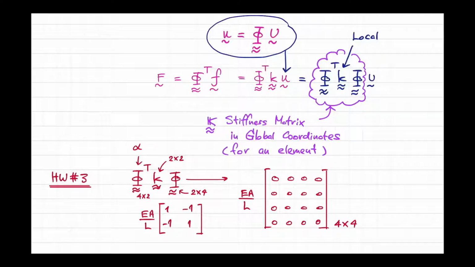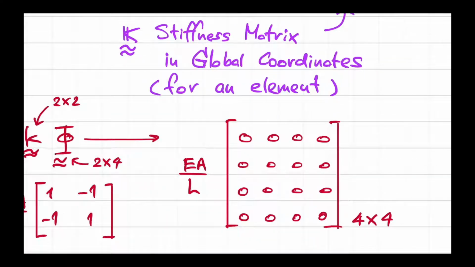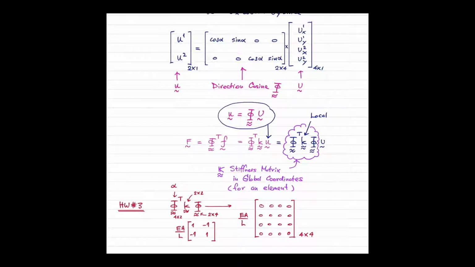So in there, this is not 0. I just make the circle so you understand that there will be in total 16 entries. In each entry, it could be sine and cosine, okay, sine square, cosine square, or sine times cosine. The signs of each one you should check very carefully, and then all scaled by EA over L at the outside, okay, to make it easy for you to look at.